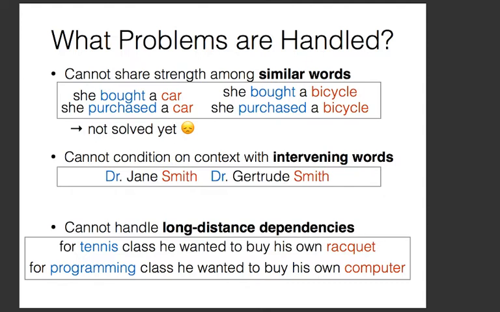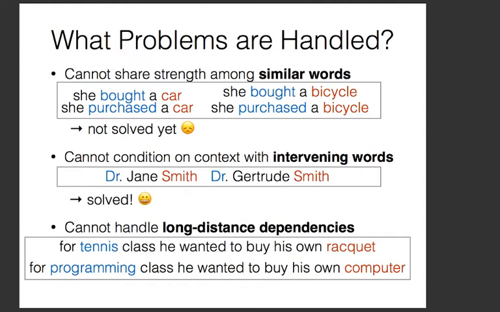This is still a problem. The reason why it's still a problem is because basically we have this big matrix of the number of words by the number of words, and we need to learn parameters for all of these. And there's no concept of word similarity within that matrix because it's a full rank matrix that we have to learn every parameter for.